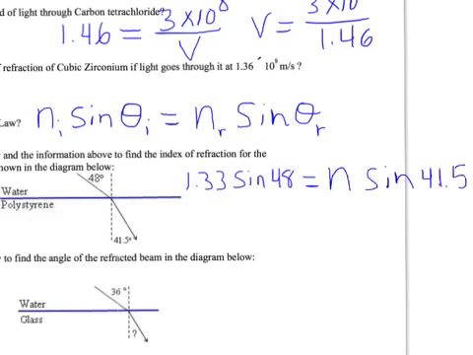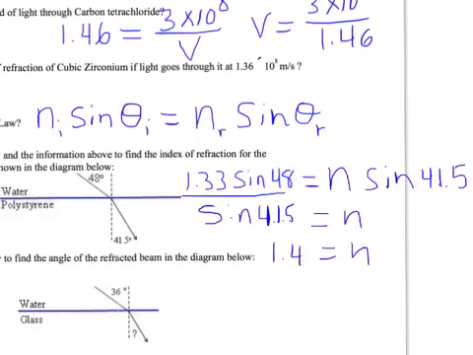So now all I had to do to find n is divide this over here by the sine of 41.5, and that gives me an index of refraction of 1.49. Basically I multiply 1.33 times the sine of this and then divide it by the sine of that, and that gives me 1.49.